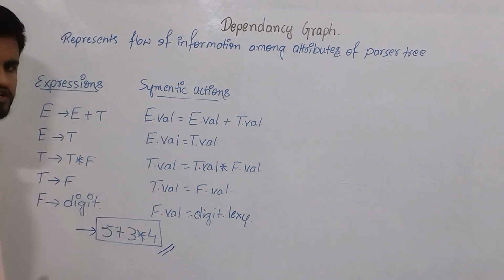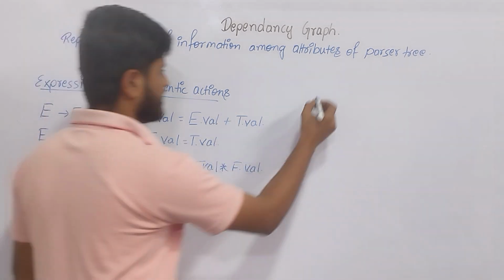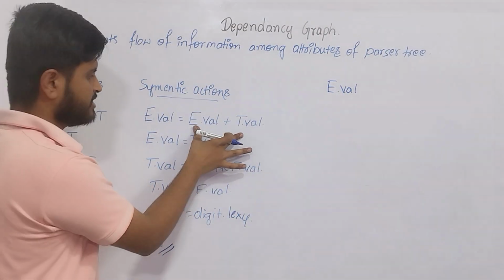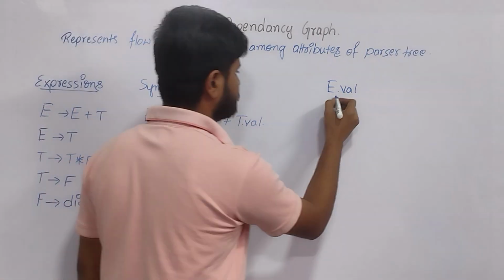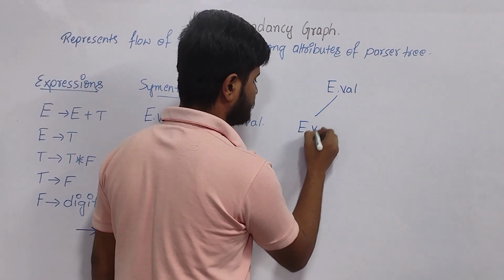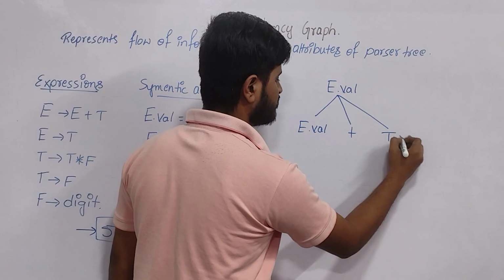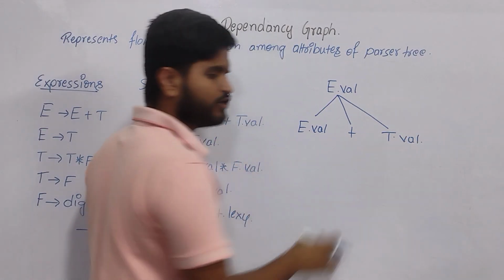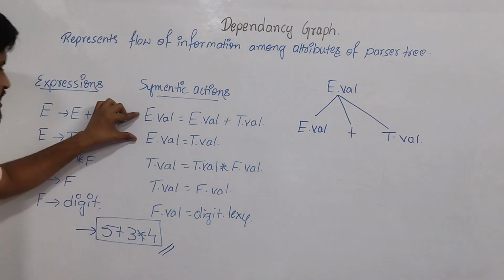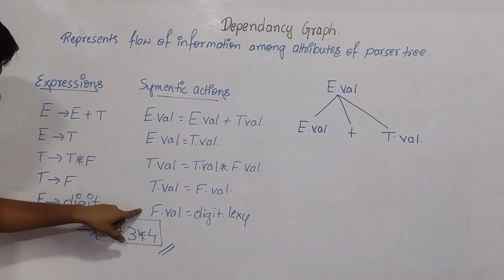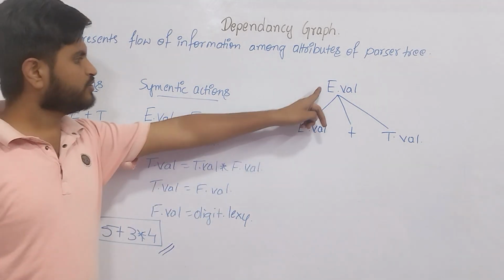So what is my first equation or the first semantic action? That is E dot value producing E dot value plus T dot value. So why did I take plus? I am having E dot value, T, F, all of them, but I took E dot value.